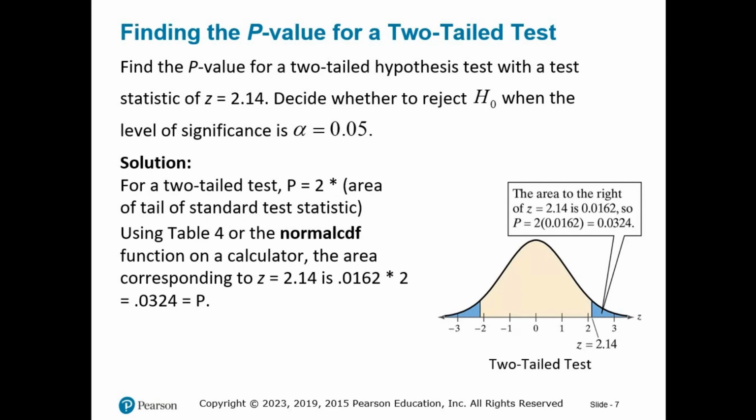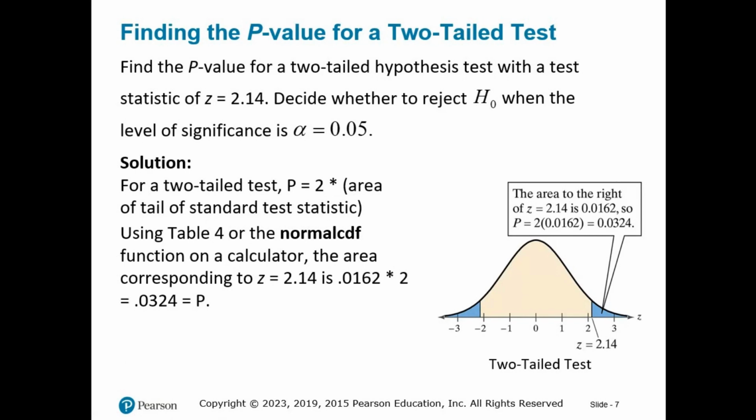Now, an important part is that we need to multiply that by 2, because that is just one side. When we multiply that by 2, we get 0.0324. So that's our p-value, or our total area, 0.0324. That's the number we compare to alpha, which was 0.05.